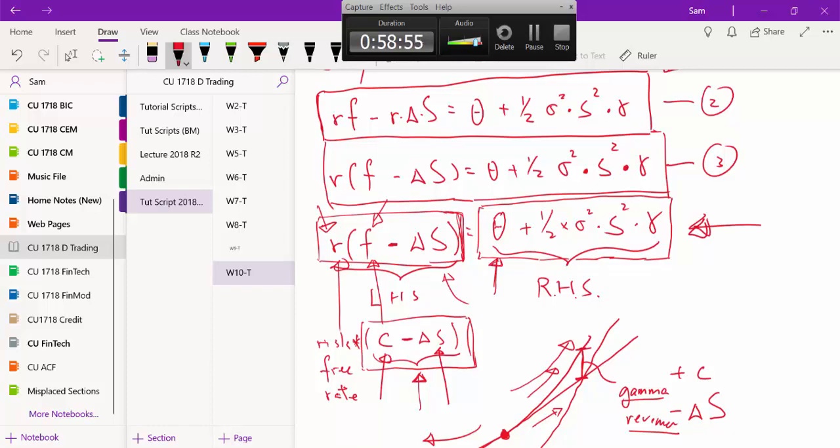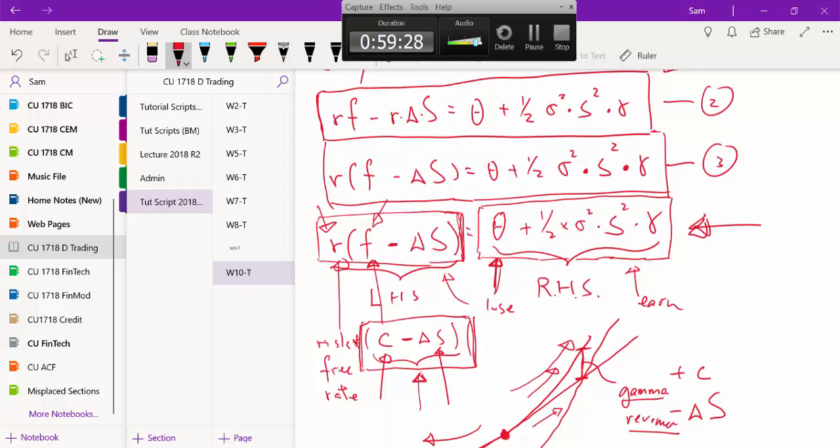Or if you put it the other way around, if you're running this kind of portfolio, then the difference between the time decay that you lose, because time decay is a negative parameter, and the gamma revenue that you earn, the net difference of these two should simply be the risk-free return you can earn on your delta neutral portfolio.